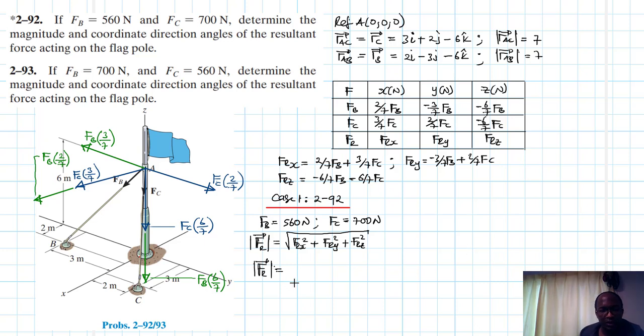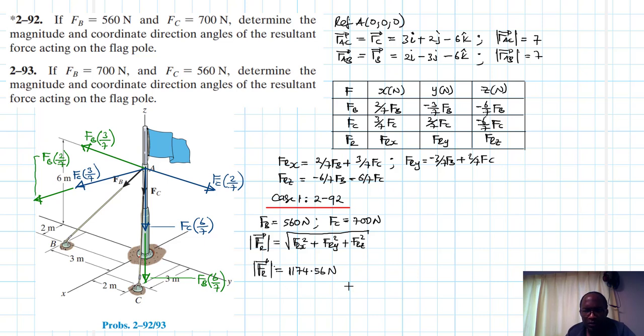Square root of that, then I have 1174.56 newtons. Okay, so this is the magnitude.